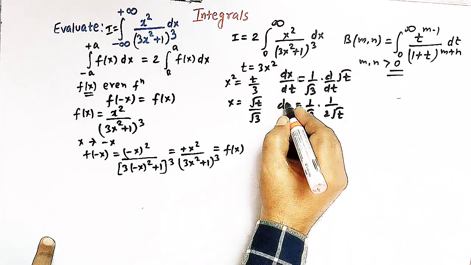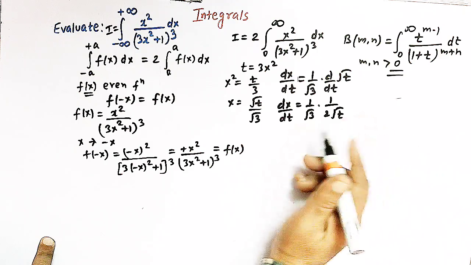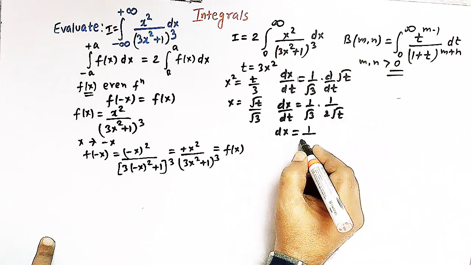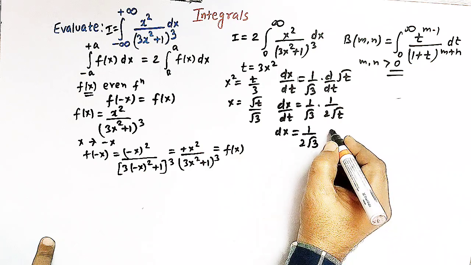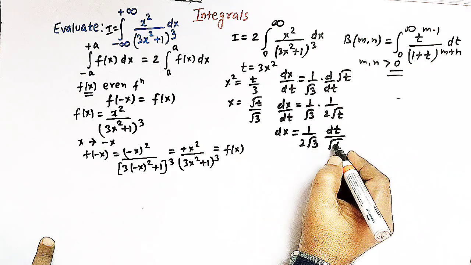So now we have dx over dt is equal to this expression. So now dx can be written as 1 over 2 root 3 times dt over square root of t.